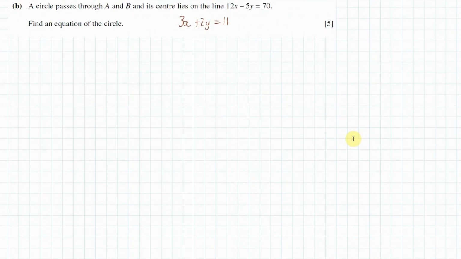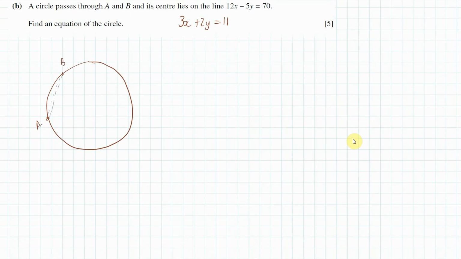Let's not lose that. Okay, just imagine we've got a circle here. It's not very good, is it, really? Okay, so let's say we've got A here and B here. And if we join them up, we've got a line like this, right?